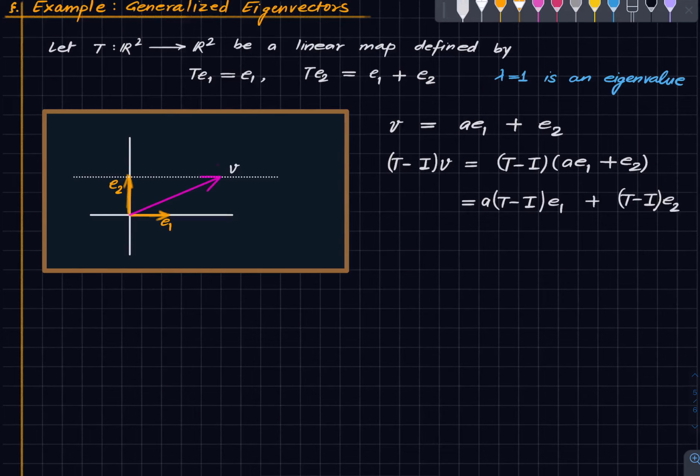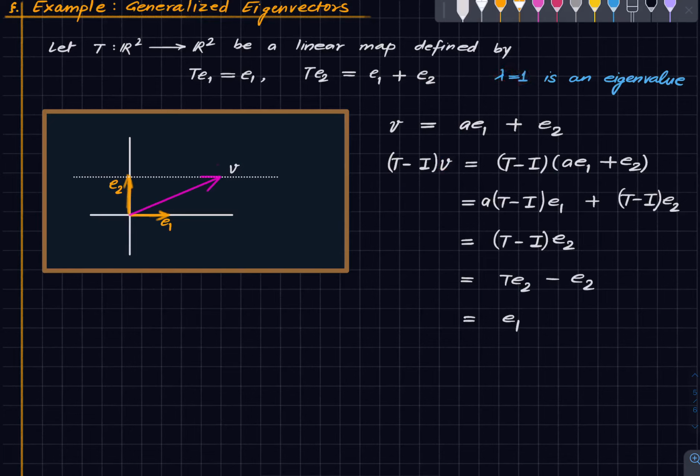But this is 0 because E1 is fixed by T and by I also, of course. So this is equal to the second part. If you calculate this, you get TE2 minus E2, which is E1 by definition of T. So this is non-zero, and hence V is not an eigenvector corresponding to eigenvalue 1.